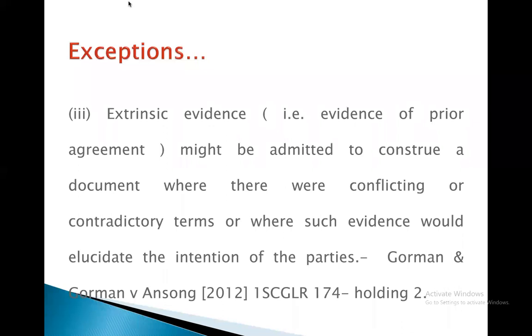Maybe clause A is saying something which is contradicted by clause 8, and so on and so forth, in the same contract. So what do you do? Where that is the case, it is permissible for extrinsic evidence to be admitted in order to correct the contradiction, in order to resolve the conflicting or contradictory terms.